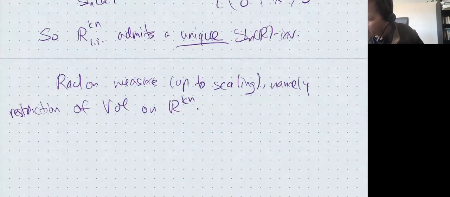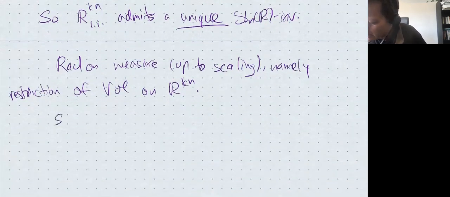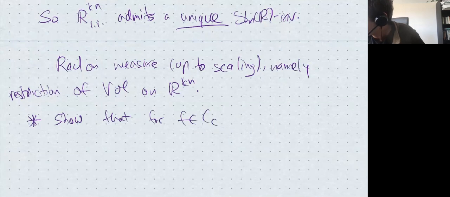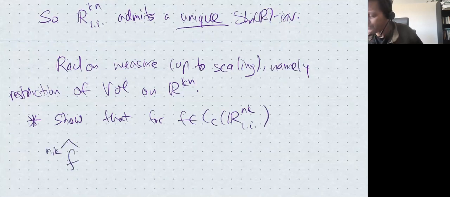Now, let me put a star here. You show that whenever you start with a compactly supported continuous function on this space, and you define this generalized Siegel transform, the function that you get is integrable.